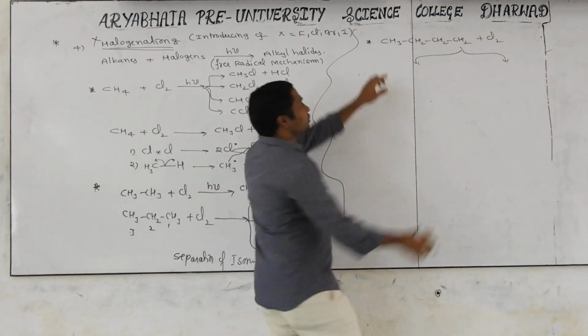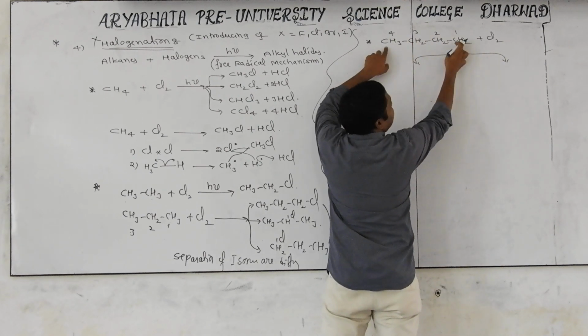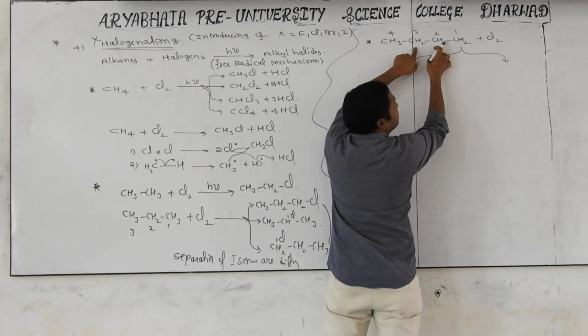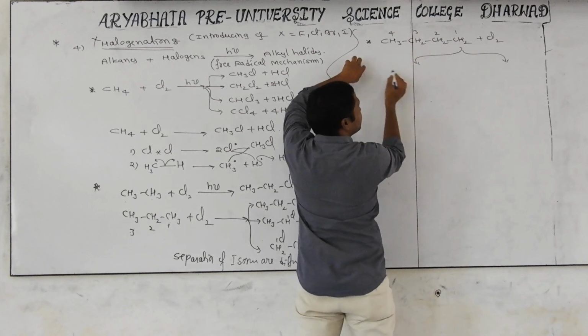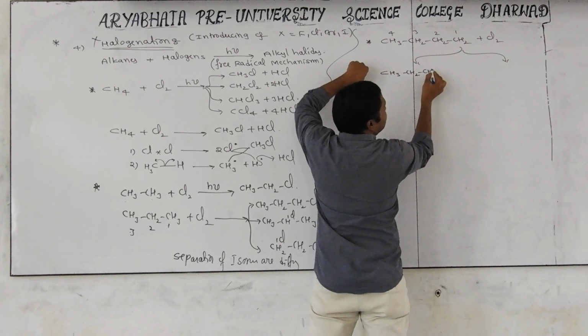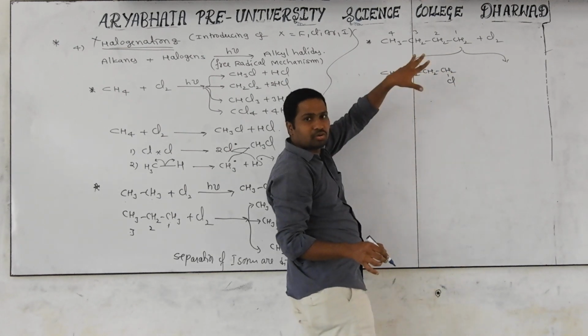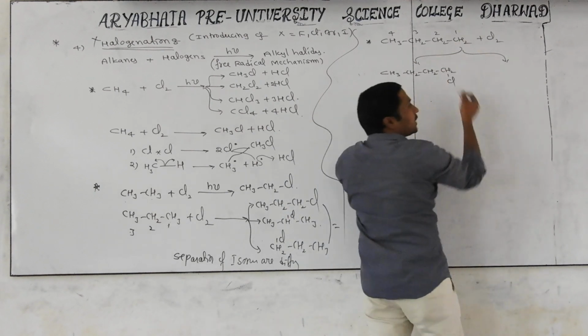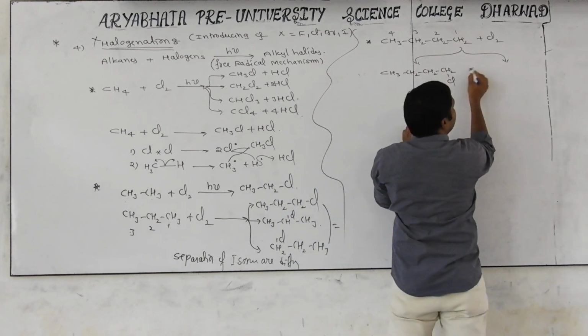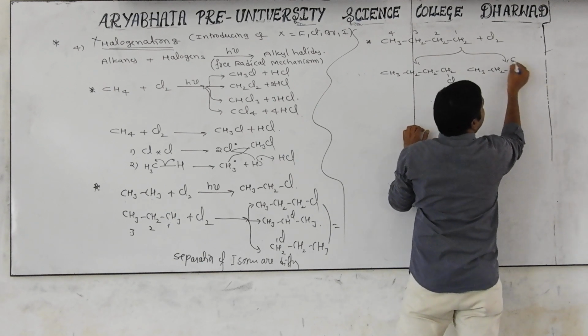Give the numbering 1, 2, 3, 4. 1 is equal to 4 and 2 is equal to 3. First position substitution means we get CH3CH2CH2CH2Cl, 1-chlorobutane. Now the second position is also possible. Then we get CH3CH2CHClCH3.